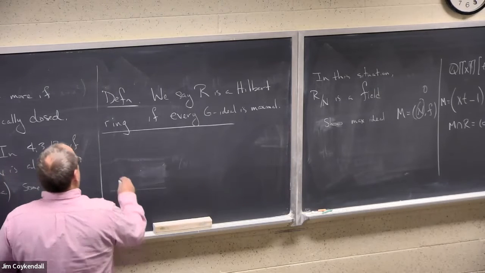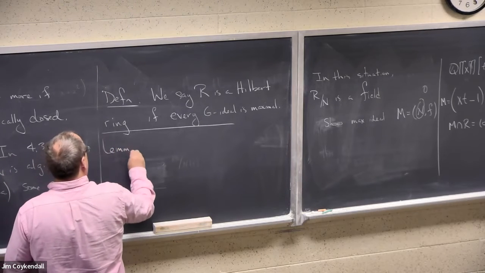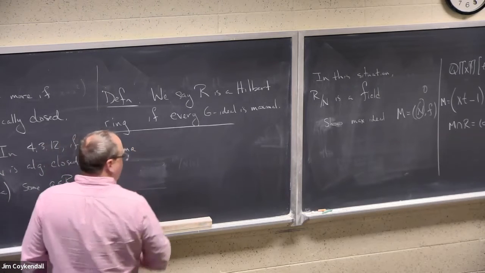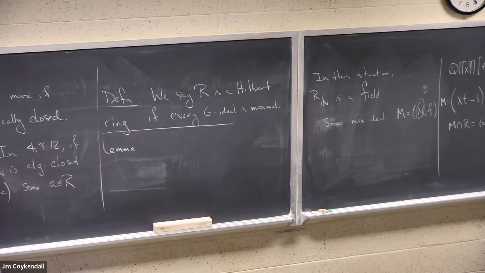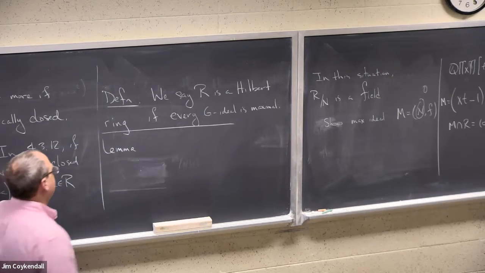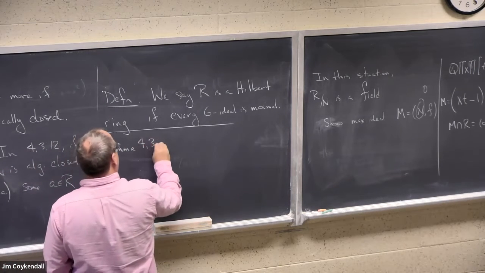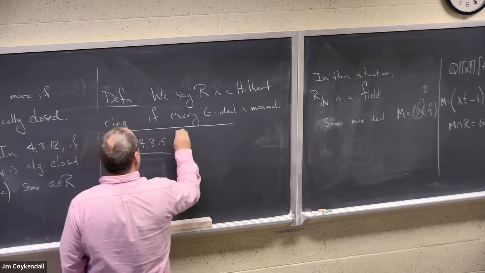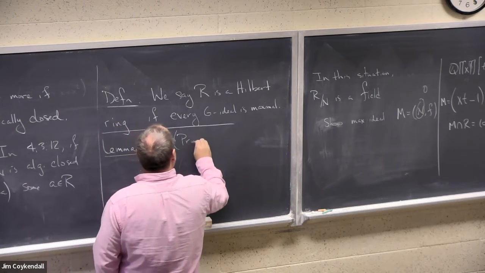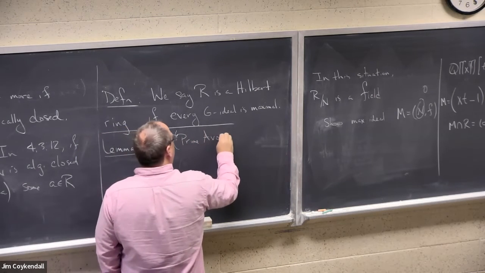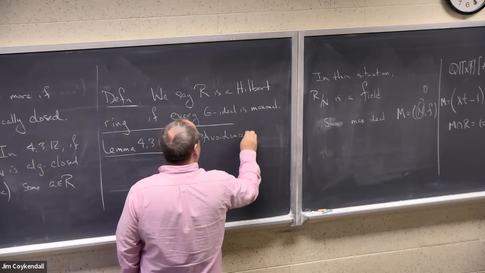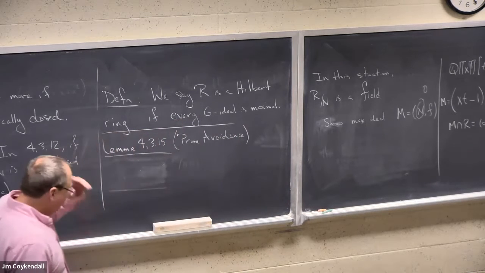First, we need something that's going to help us in our pursuit of this. This is a famous little lemma. This comes up in a lot of places; it is a very useful thing.